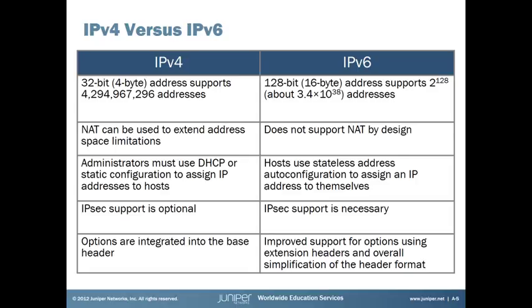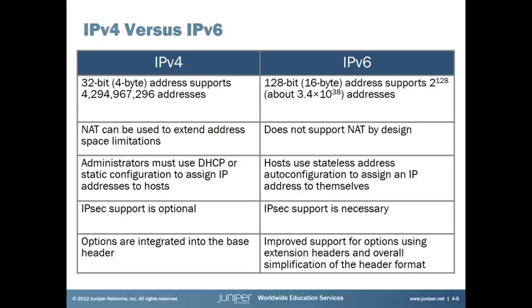So the things that we only use sometimes or rarely are taken out of the standard IPv6 header, and there's the option of including them in an extension header if they need to be used. So all of that has simplified IPv6, has made it more efficient to actually use.